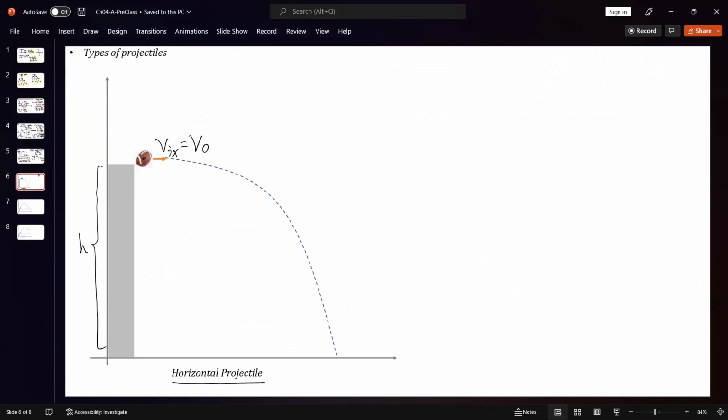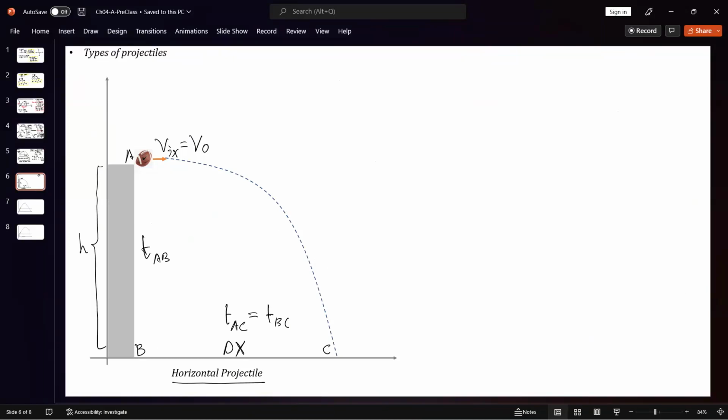Let's consider this is A, this is B, this is C. The A to B motion downward happens at the same time as the B to C motion horizontally. This is going to be the delta x amount of horizontal movement. The time from A to B vertically should be the same as the time from B to C horizontally.